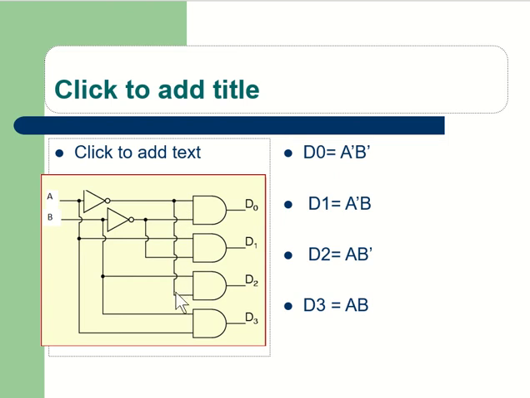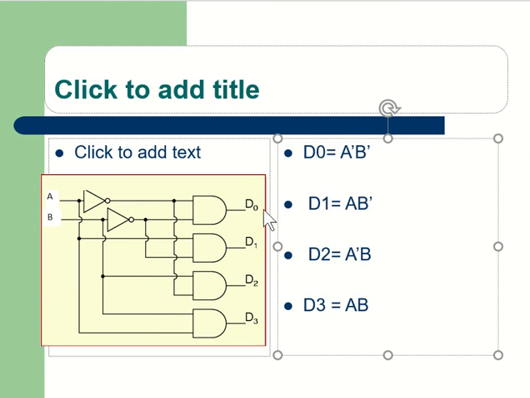Similarly for the last case D3 it is A B. I repeat, D0 is A bar B bar, D1 is A bar B, D2 is A B bar, and D3 is A and B.